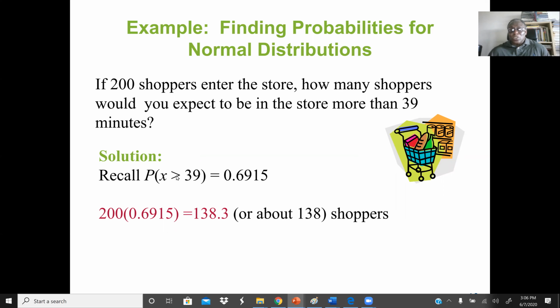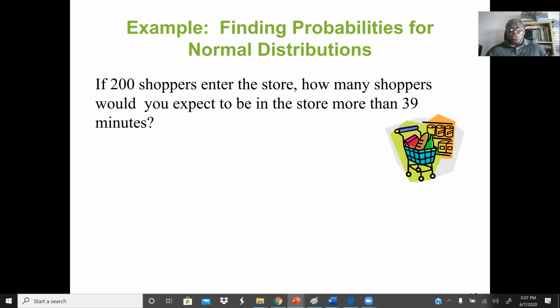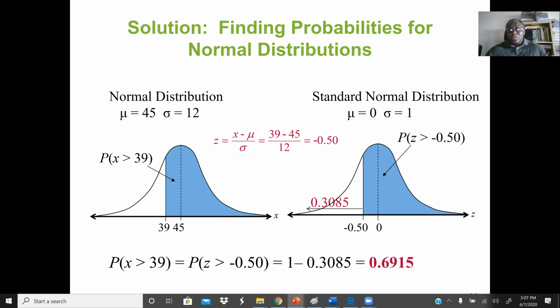The question was: if 200 shoppers enter the store, how many shoppers will you expect to be in the store more than 39 minutes? So what is the probability that X is greater than 39 minutes? That was 0.6915, which we found in the previous question.